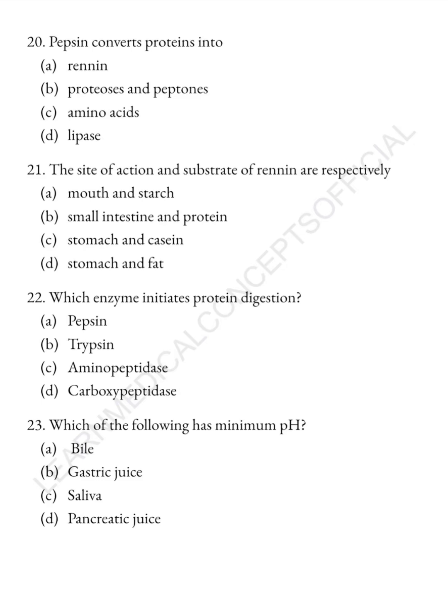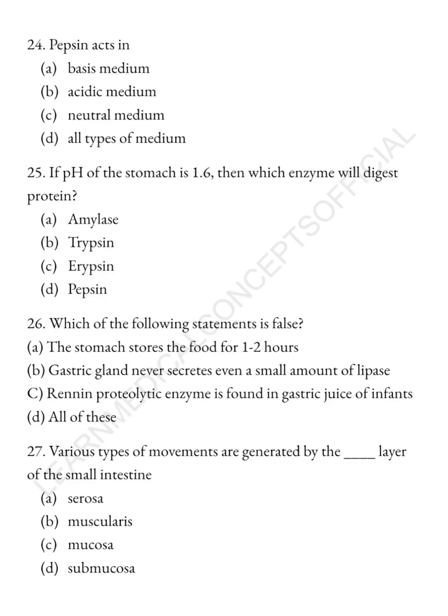Next, 23rd question. Which of the following has minimum pH? Option A, bile. Option B, gastric juice. Option C, saliva. Option D, pancreatic juice. And your time starts now. And the correct option is option B, gastric juice, which has the minimum pH, that is 1.8. 24th question.